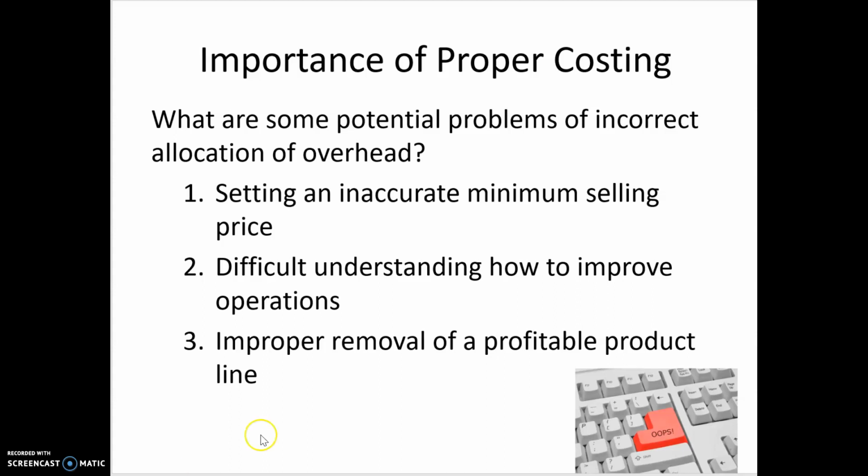And then also, if we don't understand how costing works, then we can't improve our processes. So we really do want to be as accurate as possible with estimating the overhead, because that will make us look more closely at our operations.